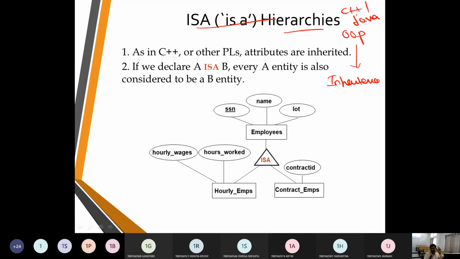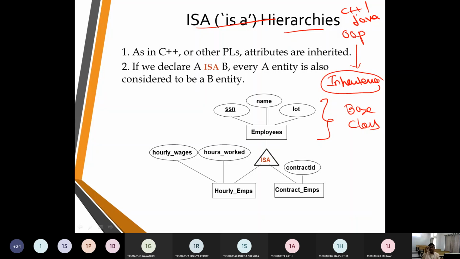In that concept, the is-a relationship borrows a concept called inheritance. So now it is interpreting the SSN and name attributes. They are going to be the attributes, and employee is assumed as the base class.